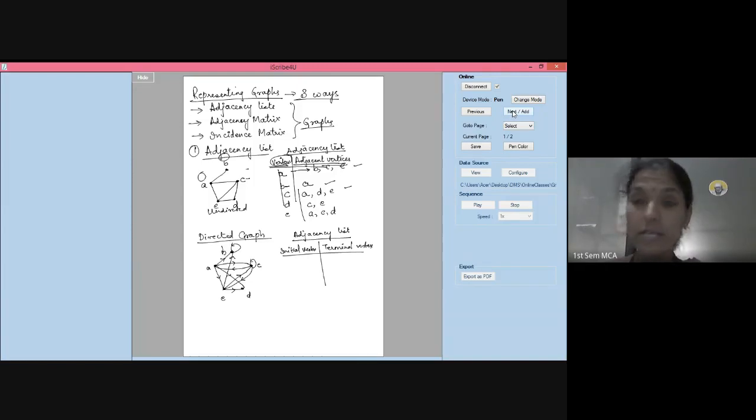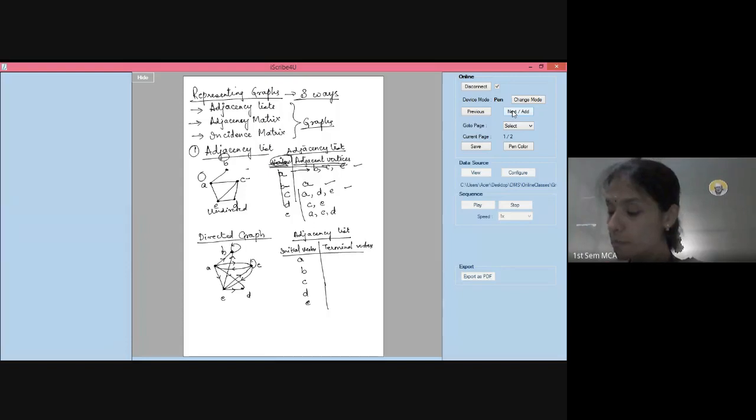Since it's a directed edge, we have to give the name as initial vertex and terminal vertex. Whereas in case of an undirected graph, we can simply take it as vertex and the adjacent vertices. Let us put down first all the vertices that we have: A, B, C, D and E.